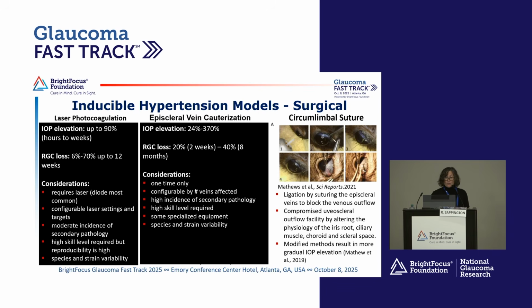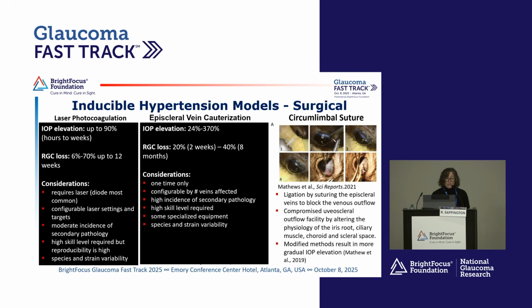The third is circumlimbal suture, and this is similar to photocoagulation, except you're using ligation by suture of the episcleral veins, and this compromises the scleral outflow. And there are various modified methods for how to do the suture, what to use for the suture that result in various levels of IOP elevation.